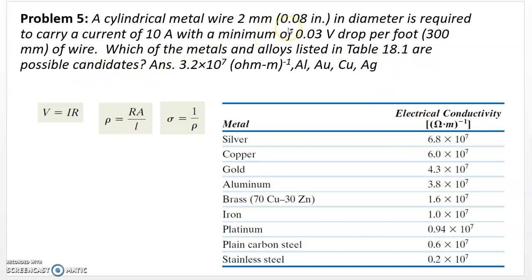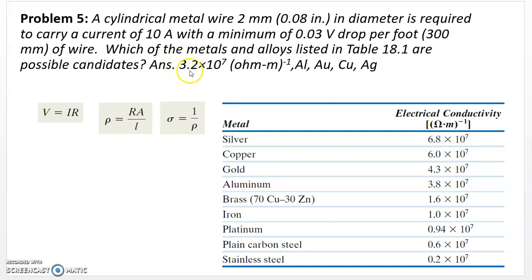In this table, electrical conductivities are given, so the wires we choose must have electrical conductivity higher than needed.